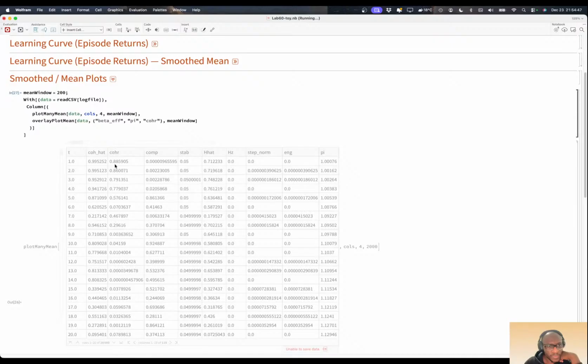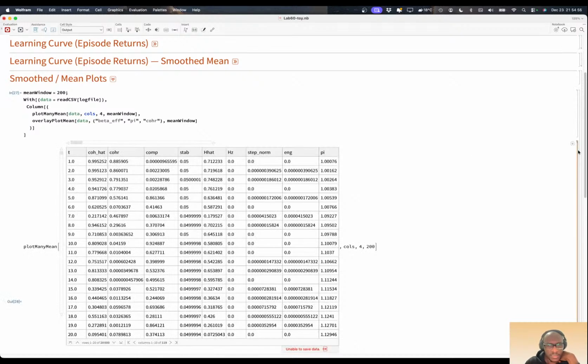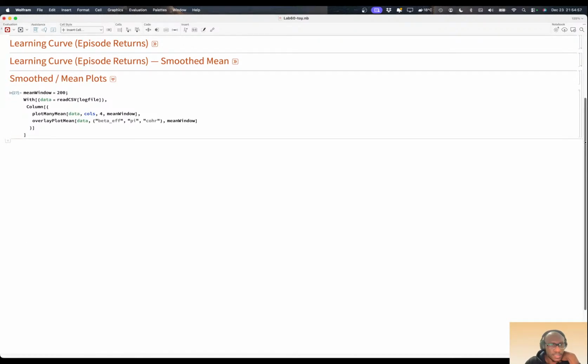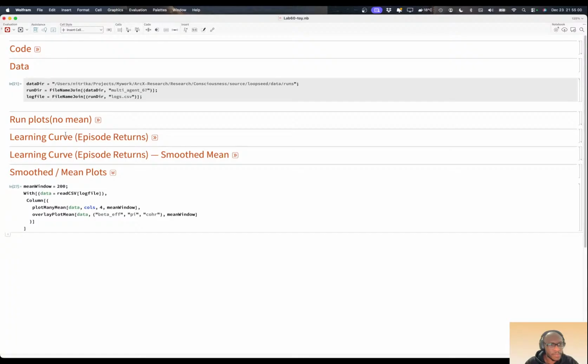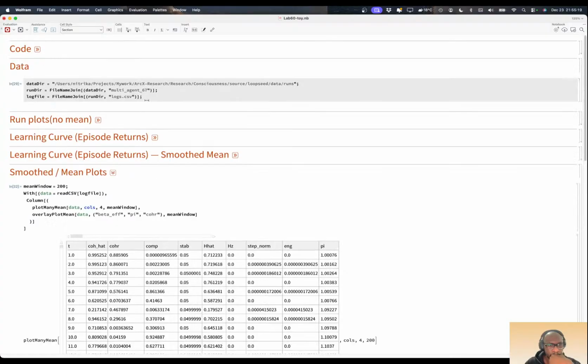Coherence is 0.99. That's not right. Okay, I'm missing something here. Log file. Wait a minute.